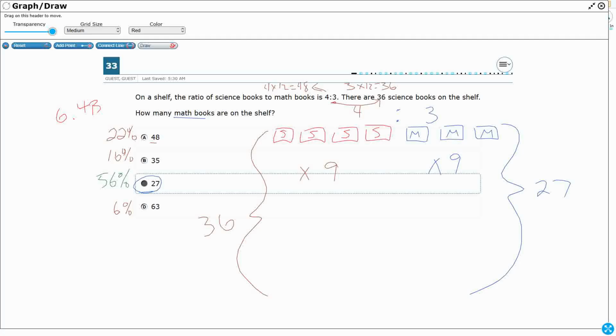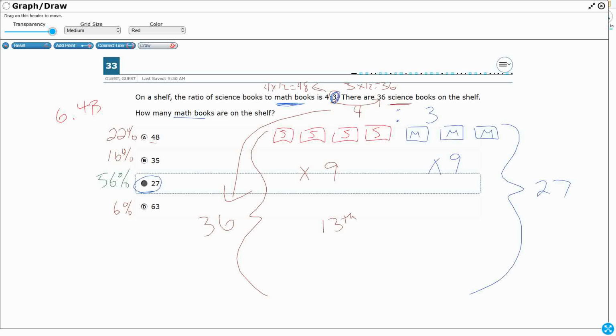The problem is this 3 right here is math books. And so I'm not going to need to figure out from my 3 to my 36, because my 36 is the science books. So that's the trick with these ratios, is lining up the correct units. And that's why I drew my picture there, even with different colors. So my 4 went with my science, my 3 went with my math. You're not going to take your 3 and try to go to your 36, because that would have mixed the two units, and that's the incorrect answer.